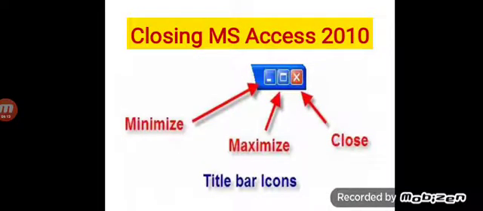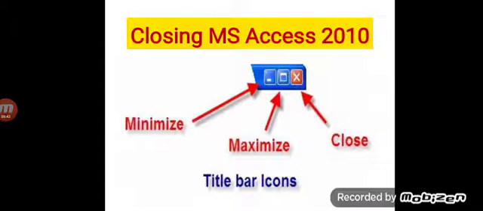The last topic which we have is closing MS Access 2010. How will you close? We all have these three options on the top right corner of the window, that is minimize, maximize, close. You'll click on the close button, or else you have one more option. You will go to the File menu and then click on the Exit option and the file will be closed.